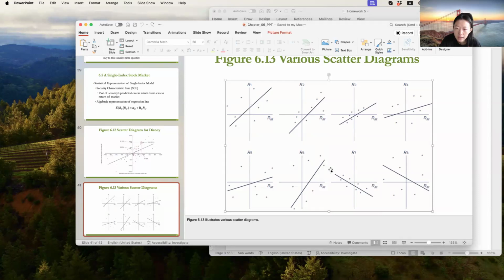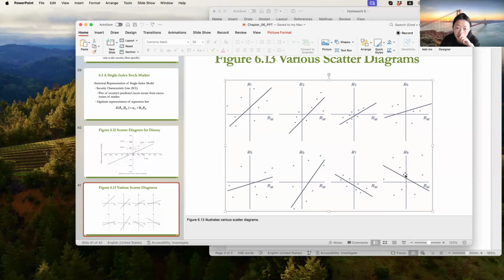And you can see that in some rare scenarios, you see a negative slope here. If you see a negative slope, that basically means there is a negative beta. In theory, there shouldn't be a negative beta, because every single company is part of the economy. If you think of the market as the whole economy, every single firm has a share in it.